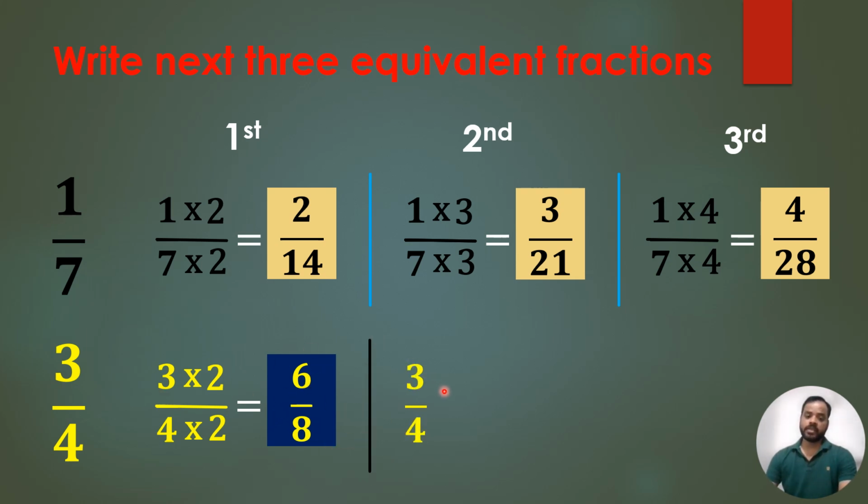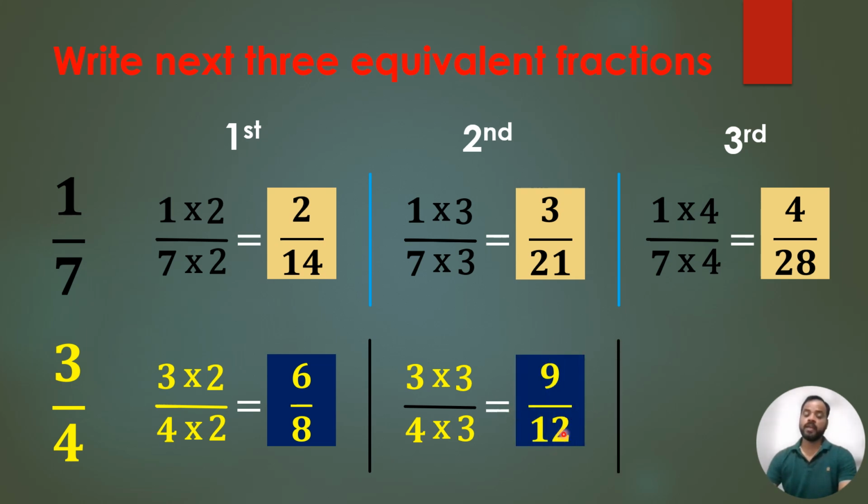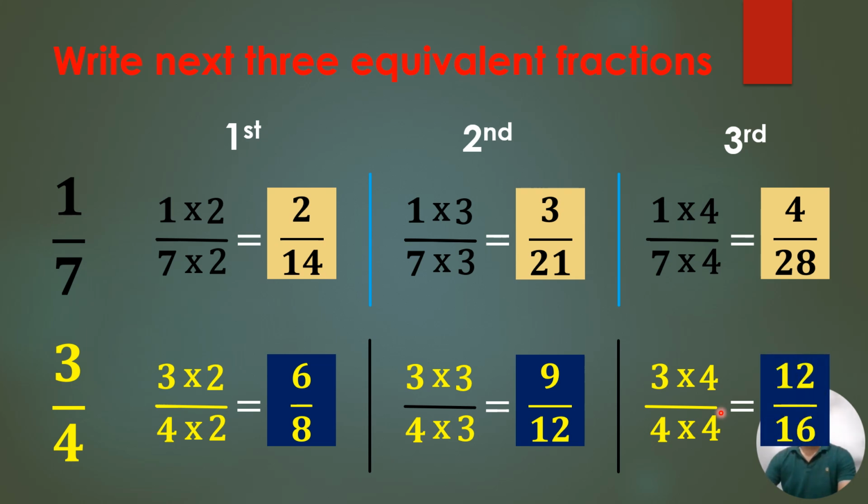To get the next equivalent fraction, we multiply the numerator and denominator by 3. So we get 9 by 12. Again, to get the next equivalent fraction, I multiply the numerator and the denominator by 4. So I get 12 by 16.